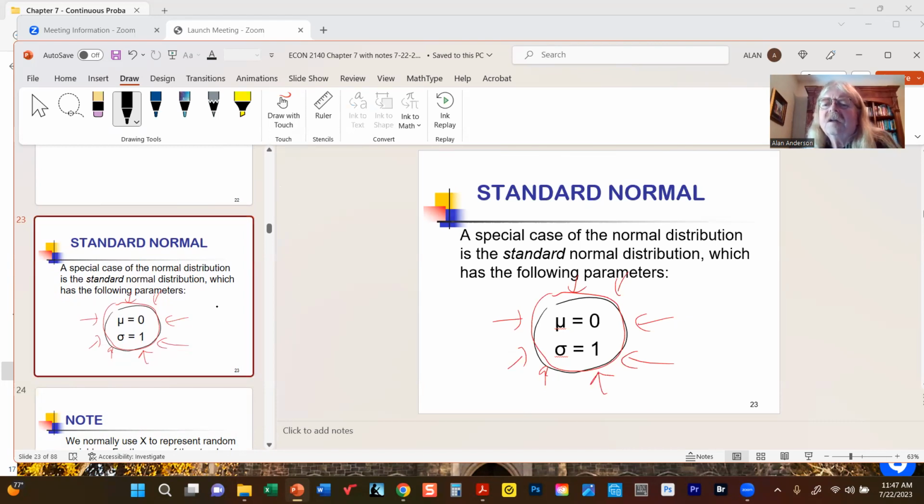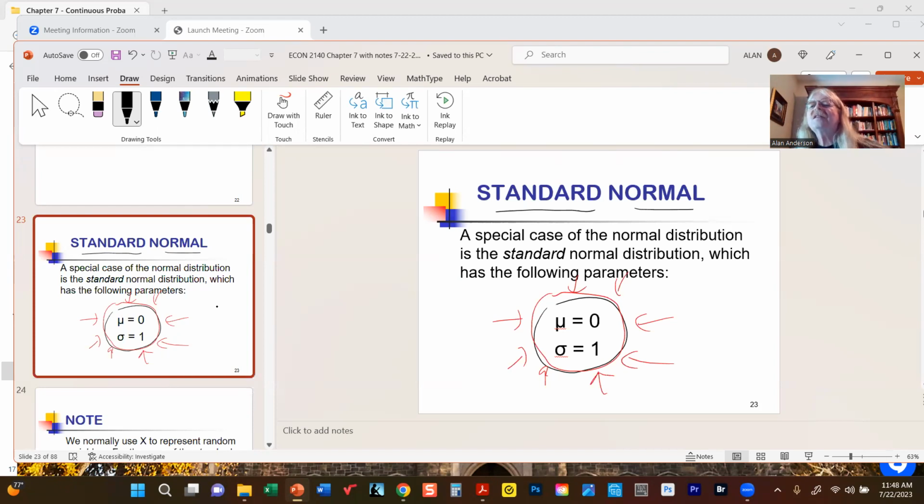Of all the different normal distributions that are possible, the one that we will use most frequently in a lot of applications is the so-called standard normal distribution, where the mean is 0 and the standard deviation is 1. Now, I put a bunch of arrows there because I want you to remember this. And also I want to point out, when we get there, the tables are based on this distribution. That gives you a hint as to how important this is.